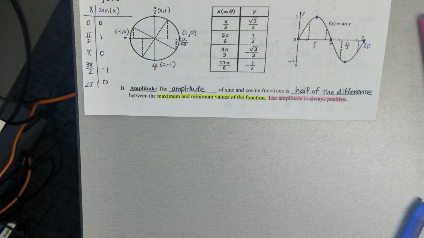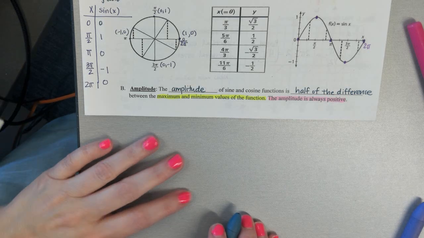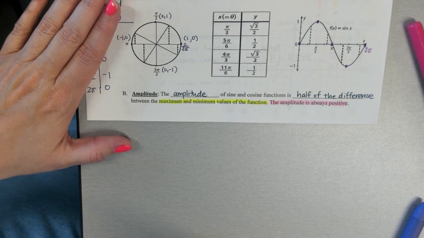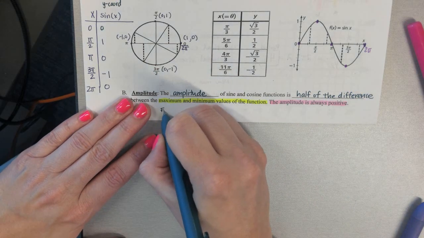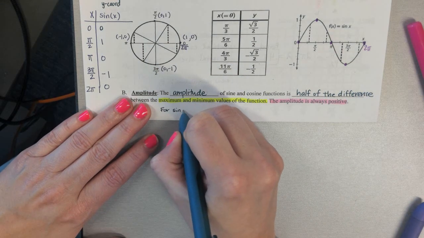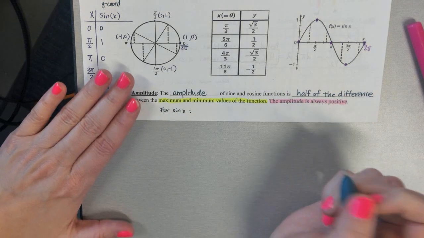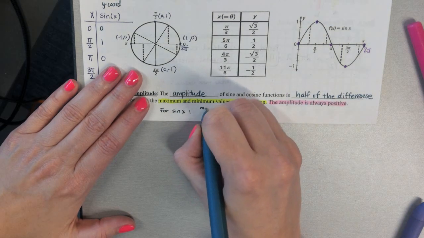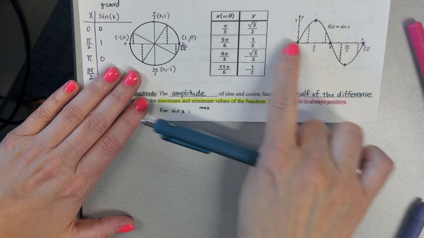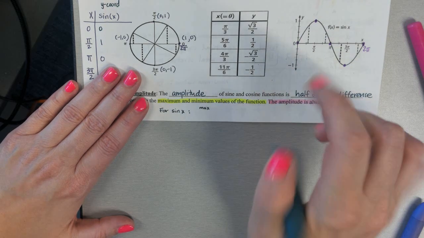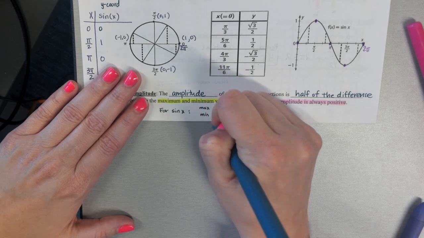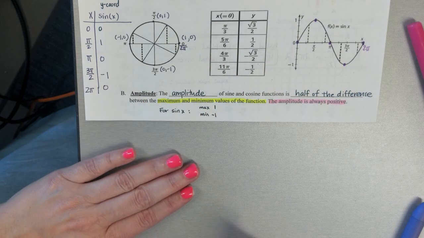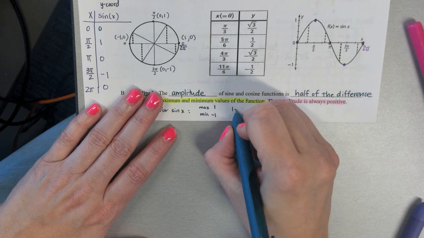For example, what is the maximum of sine? What's the highest value it gets to? 1. What's the lowest value? The min is -1.